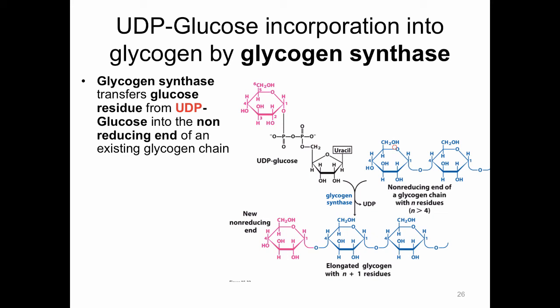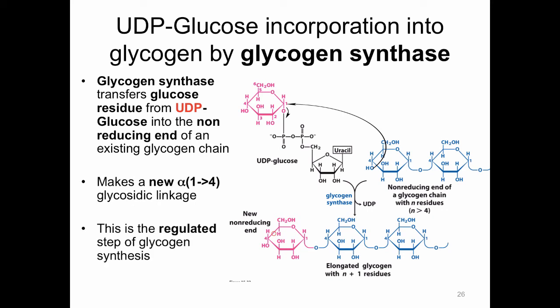So in this reaction, the hydroxyl group that is attached to carbon number 4 of a non-reducing glucose residue in glycogen attacks the anomeric carbon of UDP glucose, resulting in the release of UDP and incorporation of the glucose residue into the non-reducing end. This makes a new alpha-1,4 glycosidic linkage. The step that's catalyzed by glycogen synthase is the regulated step of glycogen synthesis.